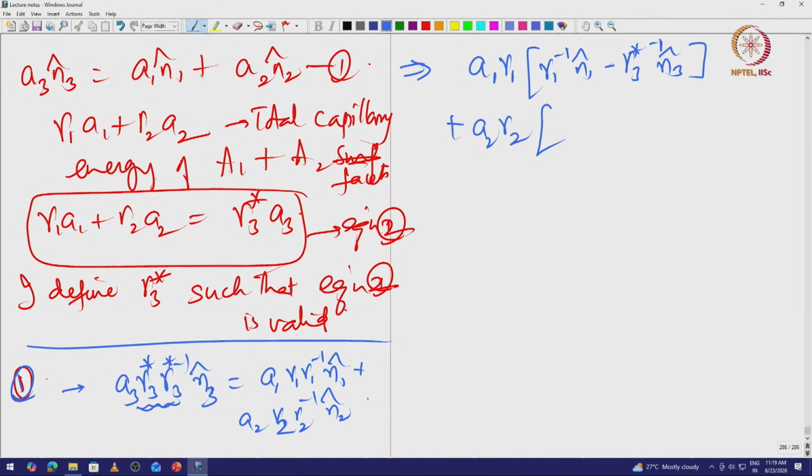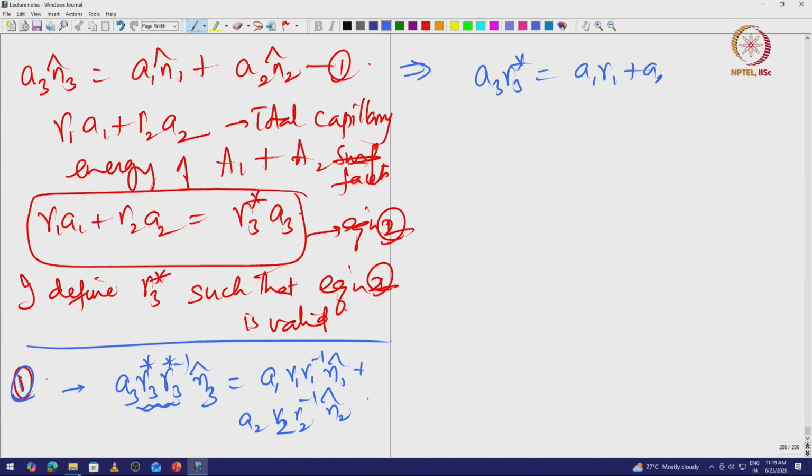Let me add one more step and then it becomes easier for you to understand. I am writing A3 gamma 3 star as A1 gamma 1 plus A2 gamma 2, that is the definition of A3 gamma 3 star, right.